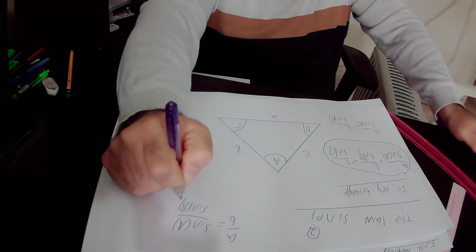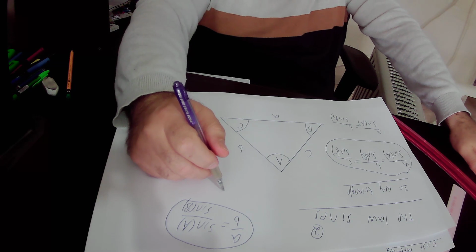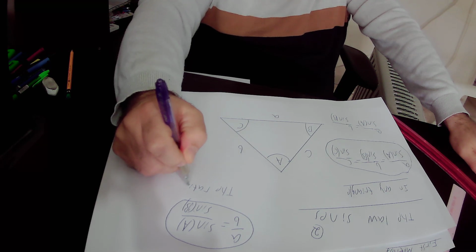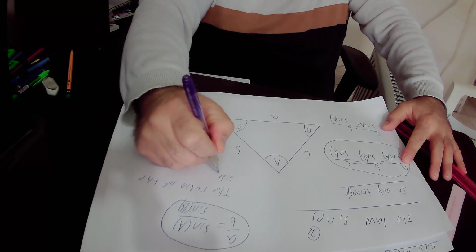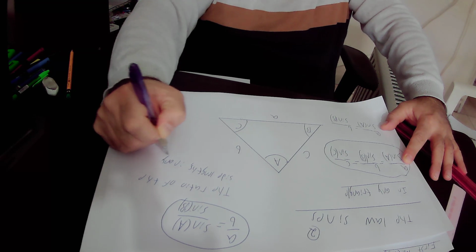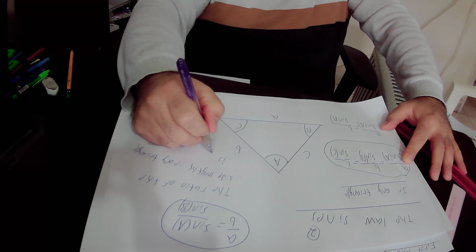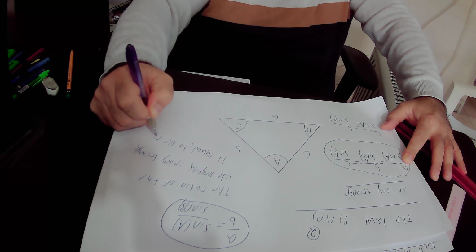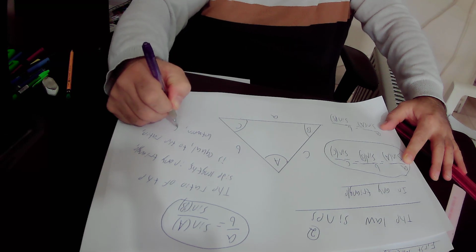So actually, what is the meaning of this equation? The meaning of this equation is that the ratio of the side lengths in any triangle is equal to the ratio between the opposite angles.